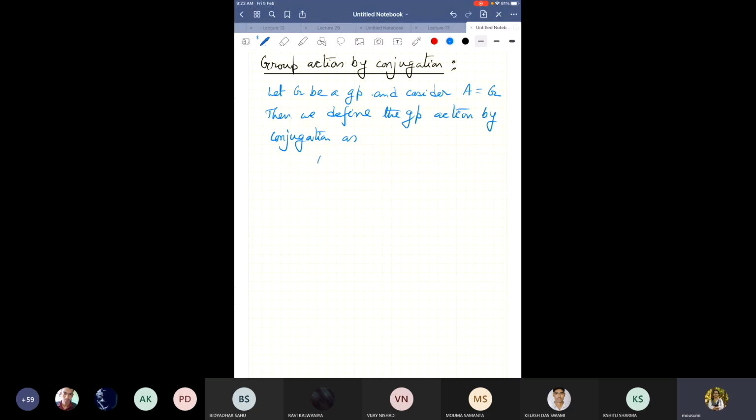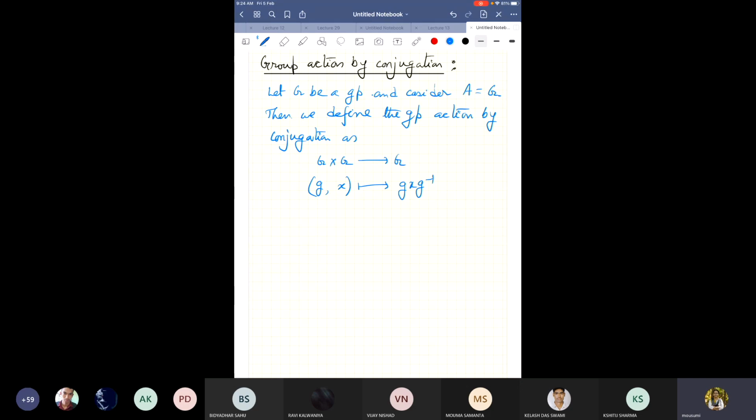It will be a map from G cross G to G. Take any element g from the group G and take an element from the set G, that is x, and I'm sending it to gxg inverse. You can check that this is a group action. It is not difficult.